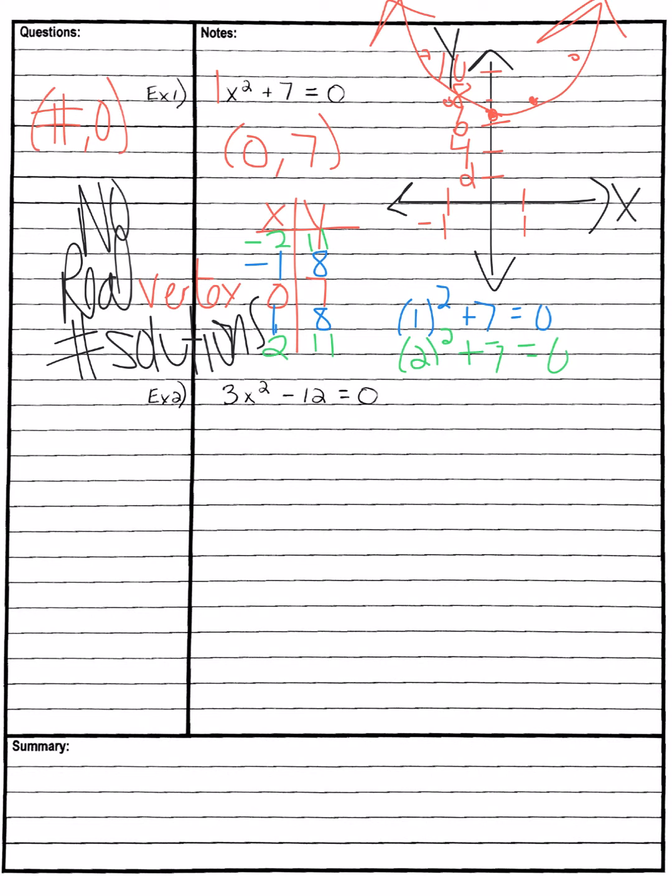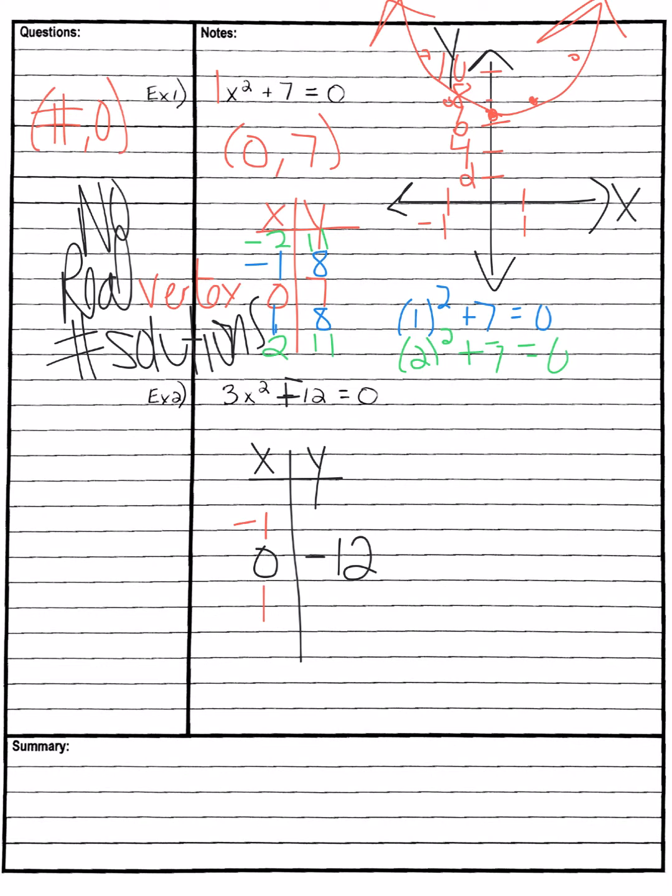Our last example, we are still in the form of ax squared. I'm going to go ahead and change this plus c, which would be a -12. So we know that our vertex is going to be 0, -12. Let's go 1 less, we'd be at -1, 1 greater, we'd be at +1.